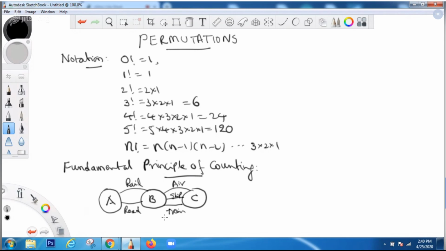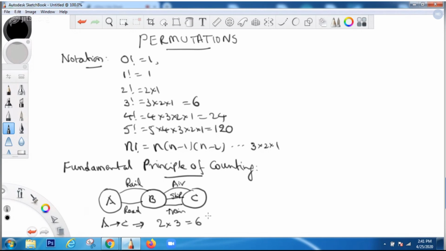Therefore, if a person wants to travel from A to C, the number of ways is A to B and then B to C. So this is 2 ways from A to B and 3 ways from B to C. 2 into 3 is equal to 6 ways. So this is the fundamental principle of counting.